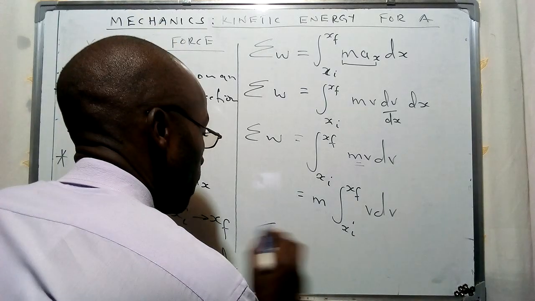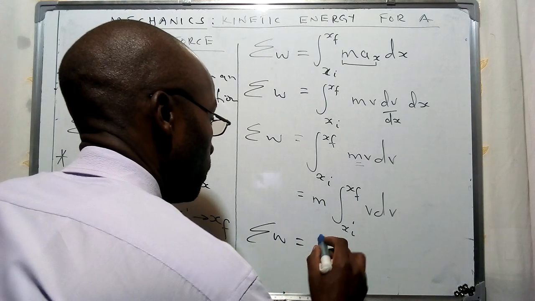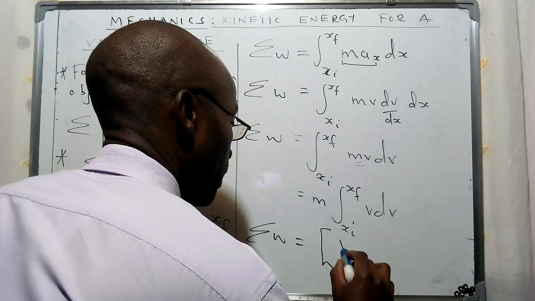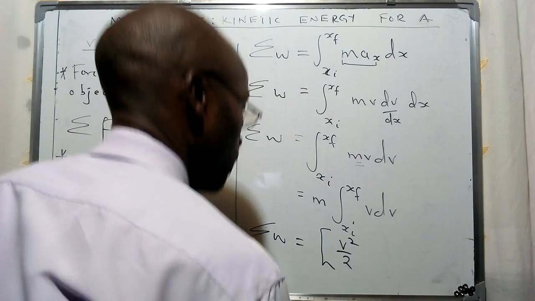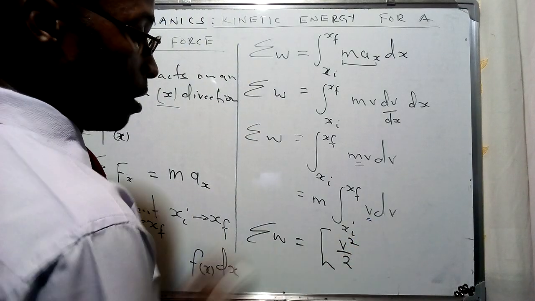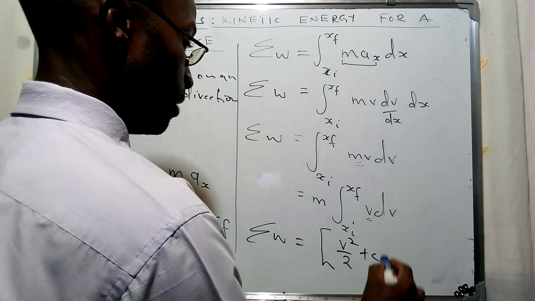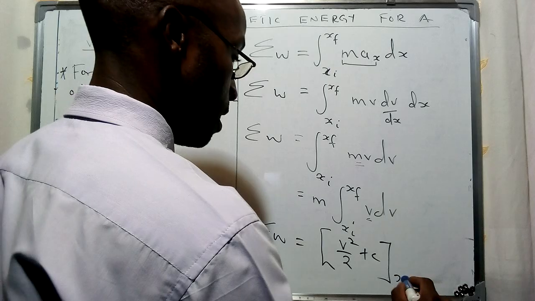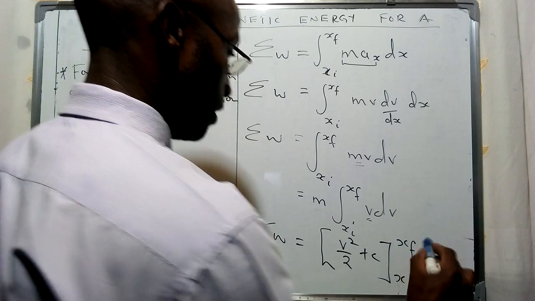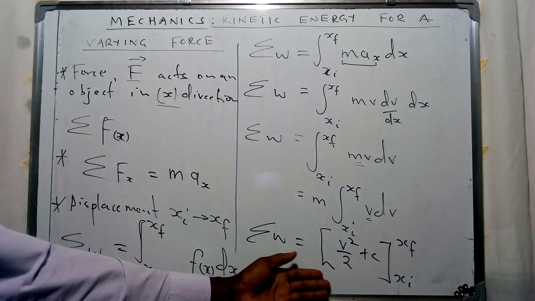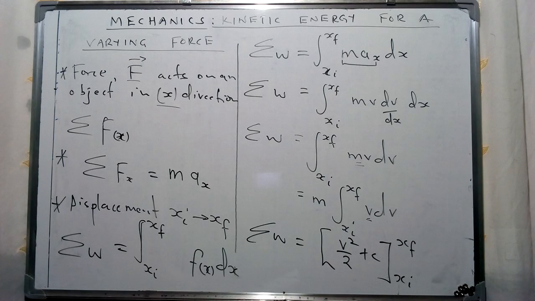So this element of W is going to give us v squared, in this case raised to power 2 over 2 plus c. This is a normal integral as we normally perform in basic integration from mathematics.